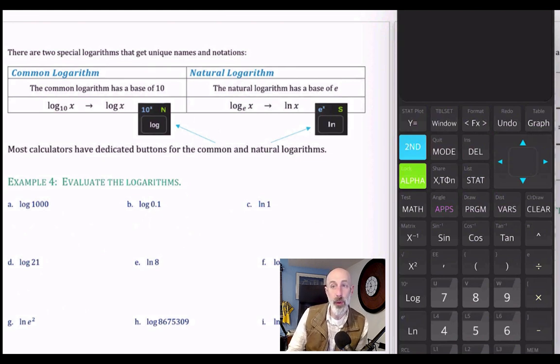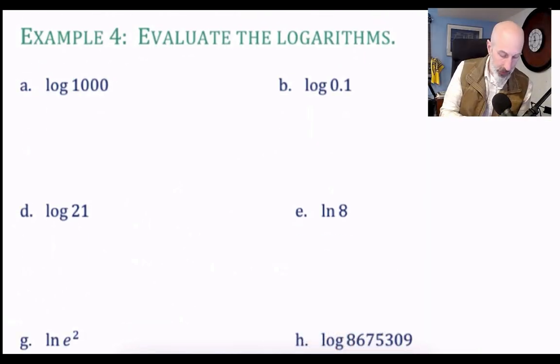All right, example 4a is an example that we can evaluate without a calculator. The way we would do this is to understand that there's an implied 10 as the base.